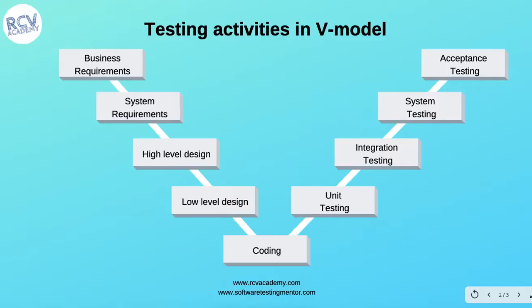Only when the coding was completely done, after all the business requirements, system requirements, high-level design and low-level design, did the testers get the code for unit testing, integration, system and acceptance testing. That's where the major delay used to happen in the old development methodologies.